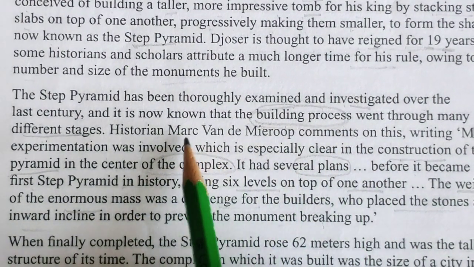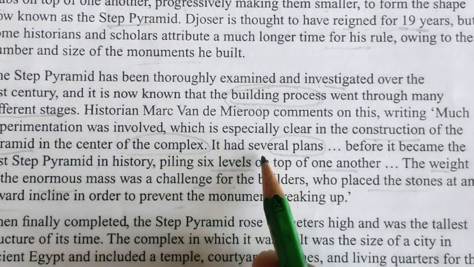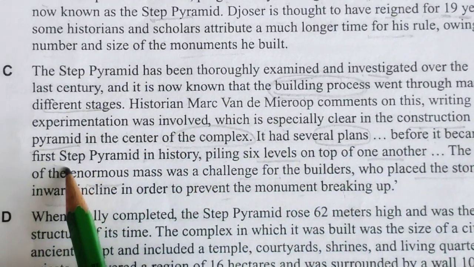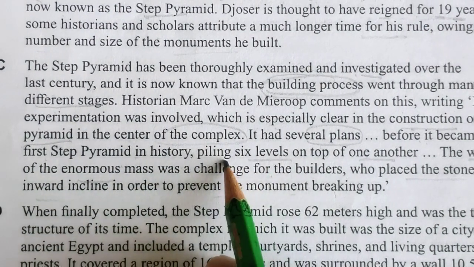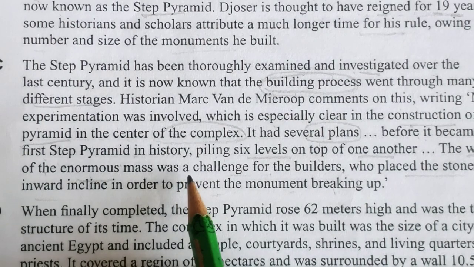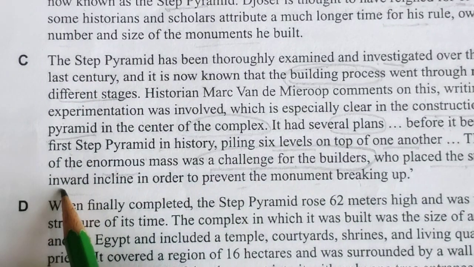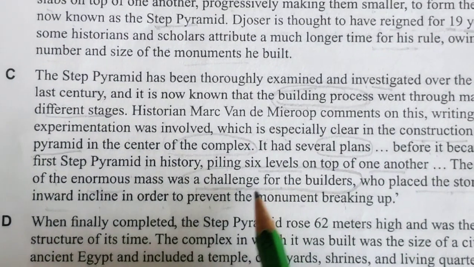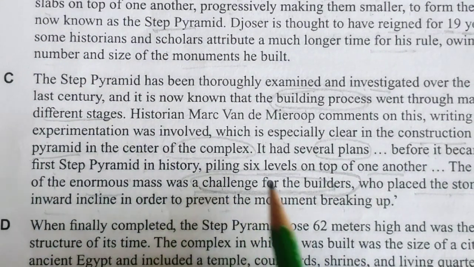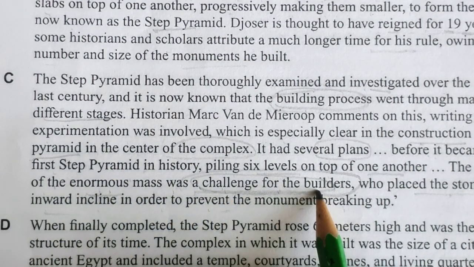So especially clear in the construction of the pyramid in the center of the complex, several plans before it became the first pyramid in history, piling 6 levels on top of one another. The weight of the enormous mass was a challenge for the builders who placed the stones at an inward incline. Okay, really.